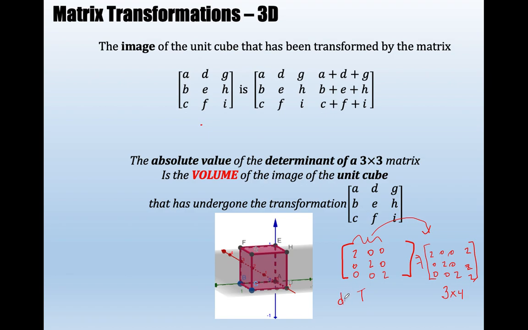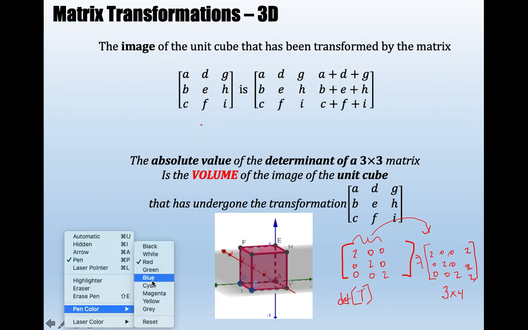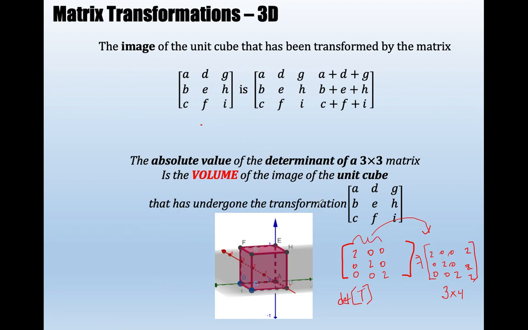But what is the determinant of my transformation matrix? Remember, for a 3 by 3 matrix, we're going to get 2 times this small matrix, which is 4 minus 0.